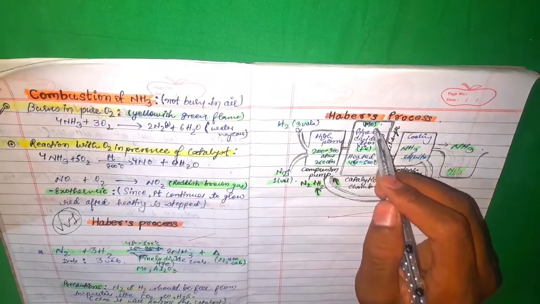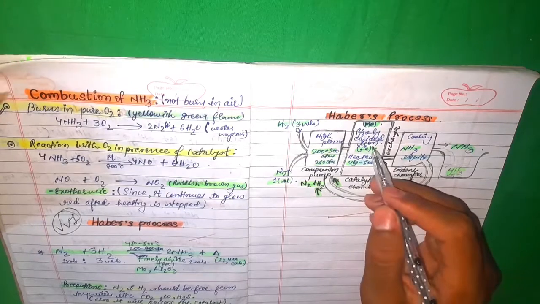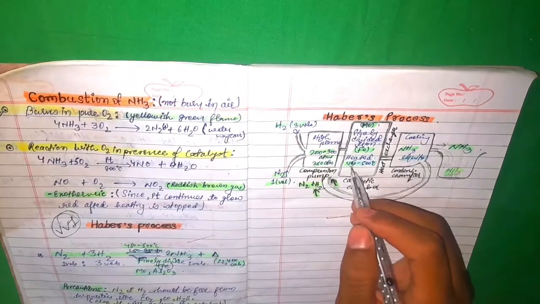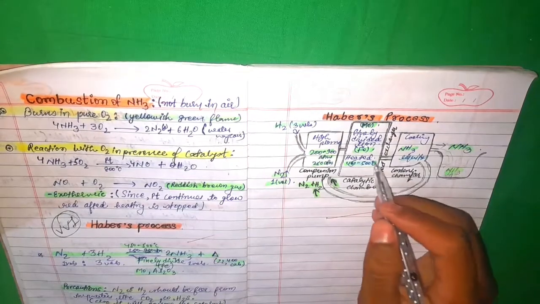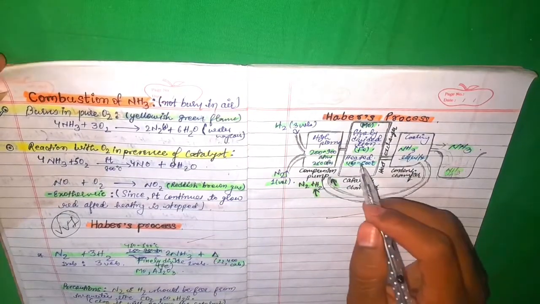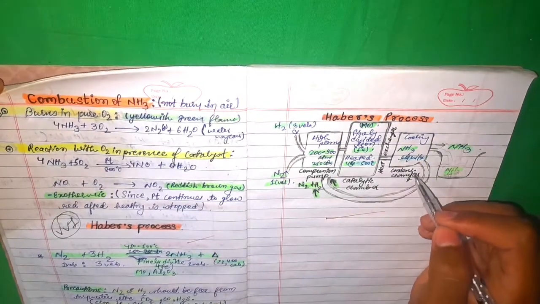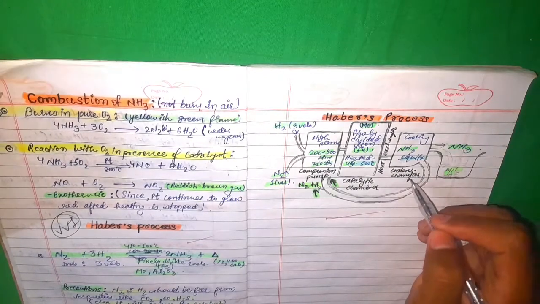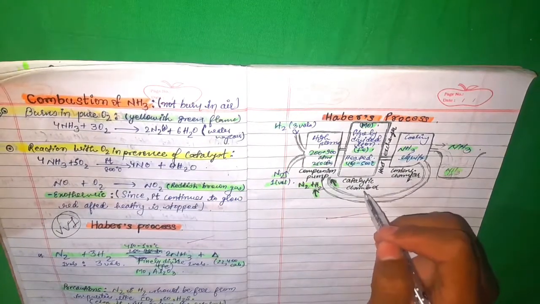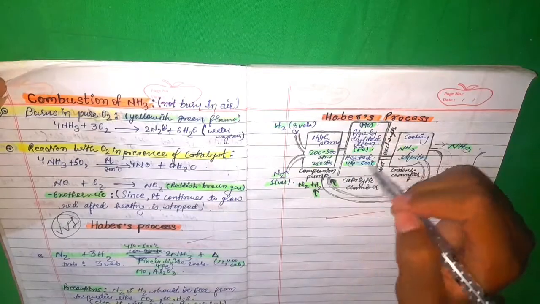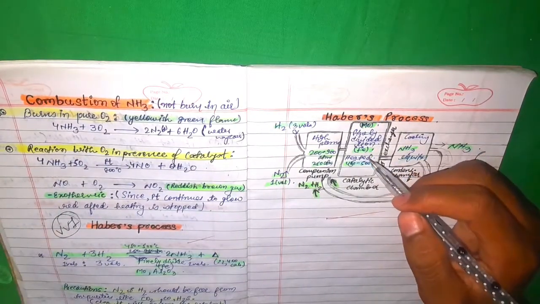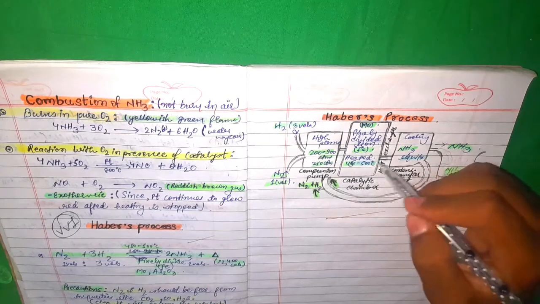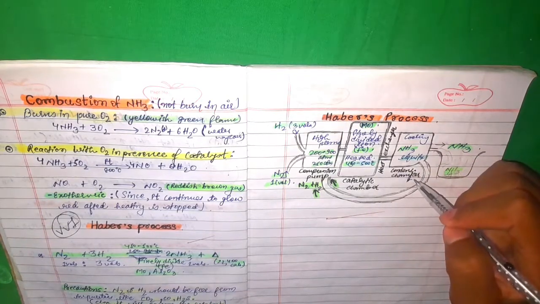Molybdenum is the promoter and finely divided iron is the catalyst, with a temperature of 450 to 550 degrees Celsius, and the heat exchange takes place. Then it moves to the condenser chamber. This was the catalytic chamber, where the catalyst and promoters are used to boost the process.